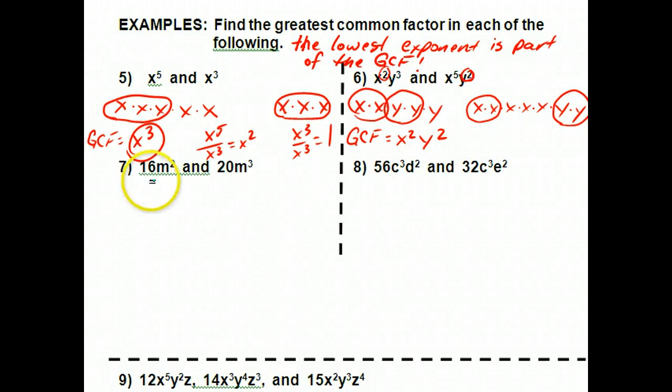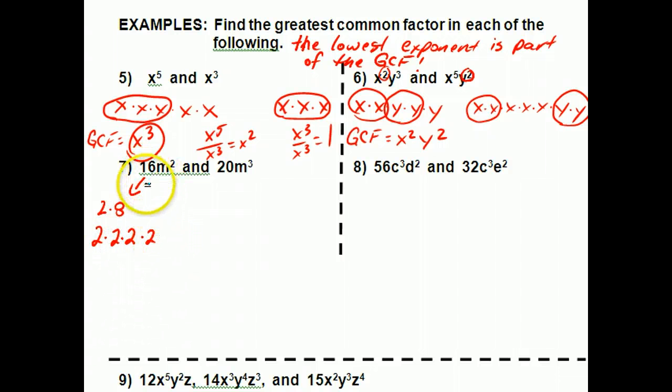So let's take a look at an example with an actual constant up in front. Here 16, if I break that down into its factors, I know it's 2 times 8, and I know that 8, you guys should know, is 2 times 2 times 2, so 2 times 2 times 2 times 2 gives me 16.